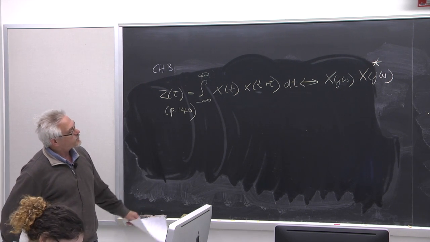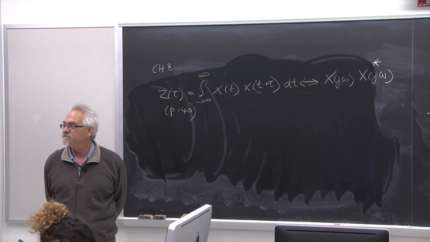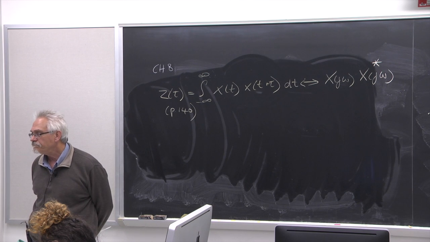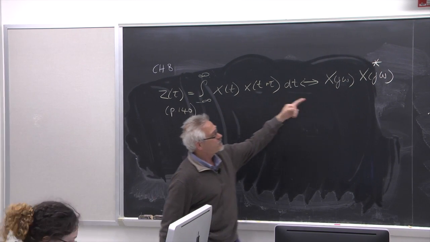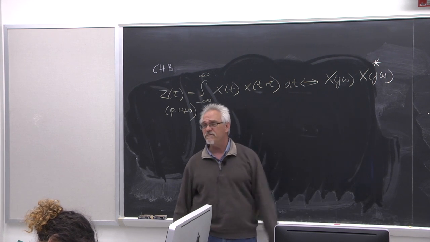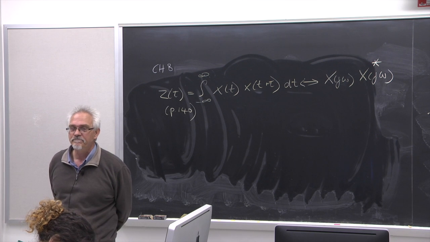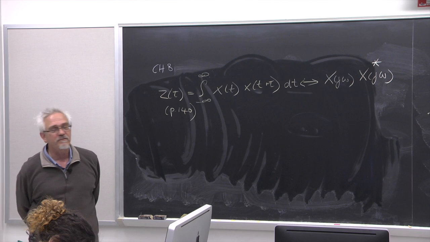The real interesting question is, do you recognize this expression in the frequency domain? This is the time domain cross correlation. This is the frequency domain cross correlation. Does this ring a bell? That's the power, yeah. It's the power spectrum.